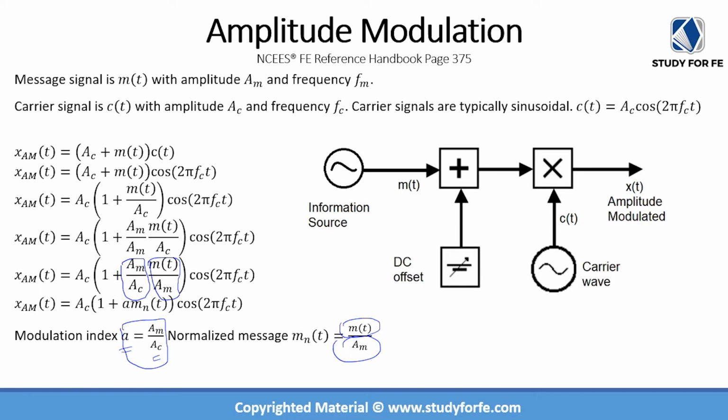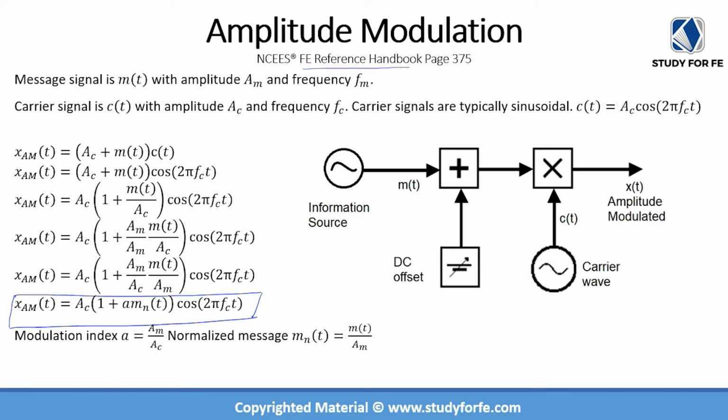So this is the normalized message. Now I can substitute it back in the equations. I replace AM by AC with A and m of t by the amplitude of m of t with the normalized message. And now you can see that your time domain representation of the amplitude modulated wave looks very similar or identical to the equation that is provided in the NCEES reference handbook.